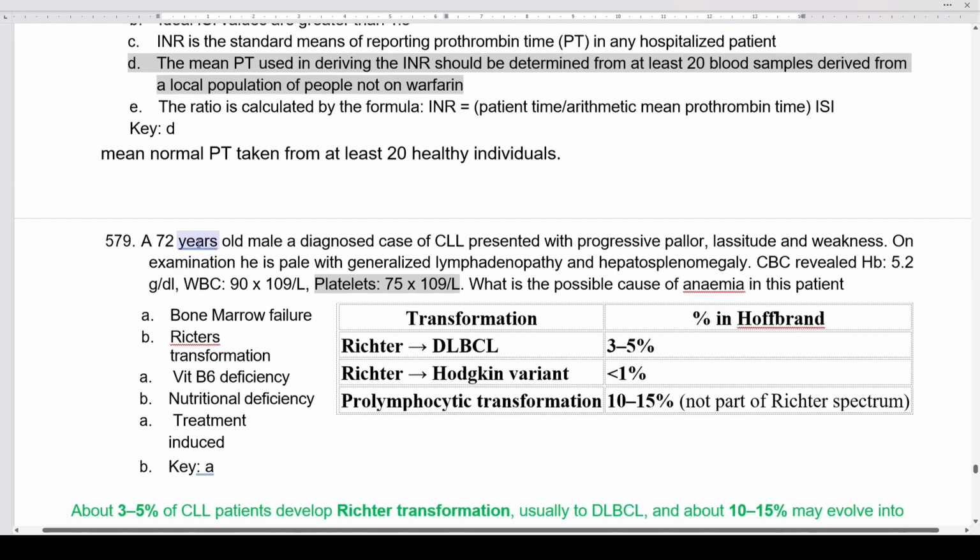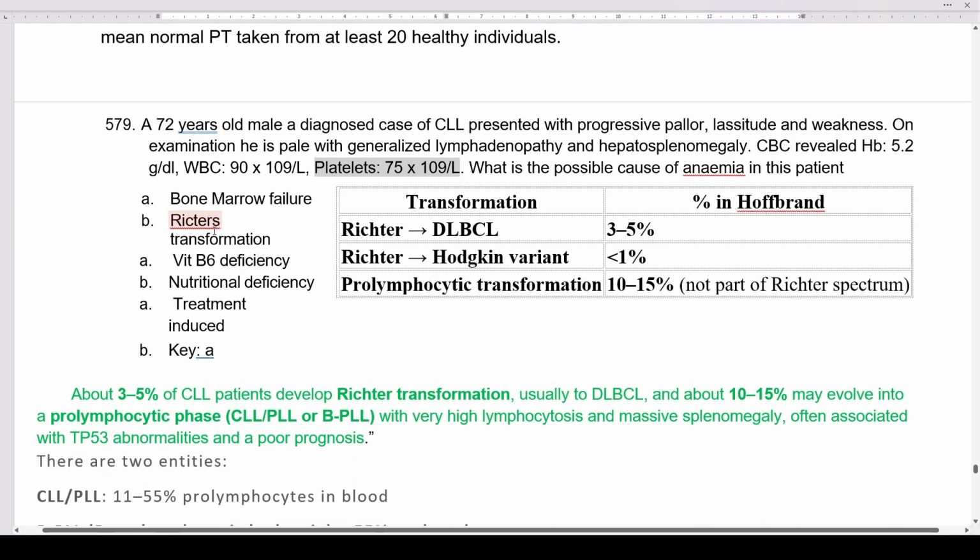Next is a 72-year-old male, a diagnosed case of CLL, who presented with pallor, lassitude and weakness. On examination, he is pale, with generalized lymphadenopathy and hepatosplenomegaly. CBC reveals Hb is 5.2, WBC count is 90, which is raised because of the lymphocytosis, and platelets are 75, so it is bicytopenia. What is the possible cause of anemia in this patient?